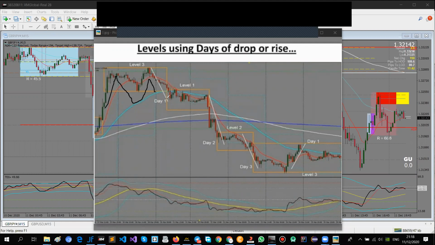Then this is day 1, like Monday, and it's our level 1. Went into Tuesday, giving us our level 2, right here. Then we went into Thursday, giving us level 3, as you can see right here. Then the market closed on Friday, went into the following week. So that's simply how we count levels using days of rise and days of drop.